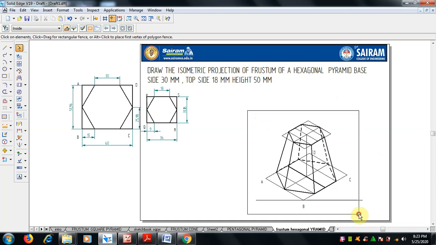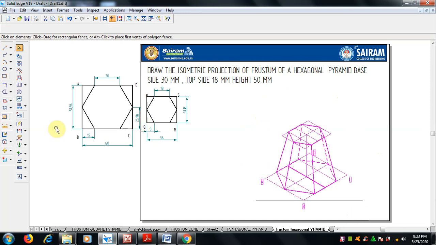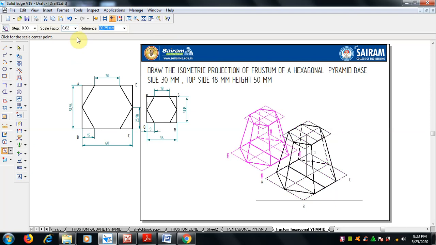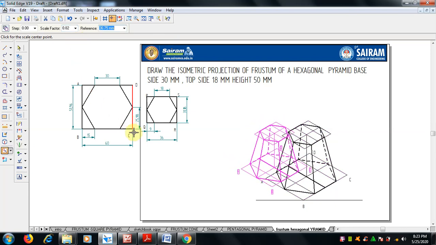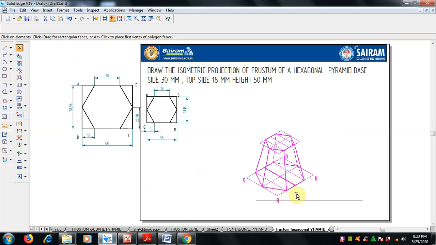Before concluding this, we have to select this, make a scale, how much, 0.816, okay, select 0.816. Now it is scaled over here. Again keep it there, and this is the final view of this. So the same thing you have to draw in the sketchbook also, as I said.